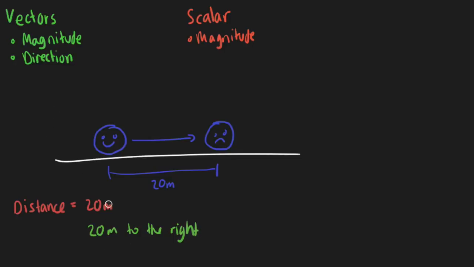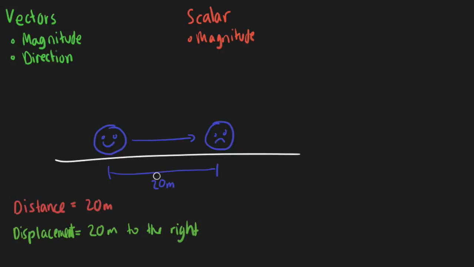The name we gave the scalar quantity is distance, and this one also has a name. This is called the displacement. Displacement is basically how far away the final position is from the starting position, including direction. So displacement is 20 meters to the right, and because I've included this direction, it's a vector.